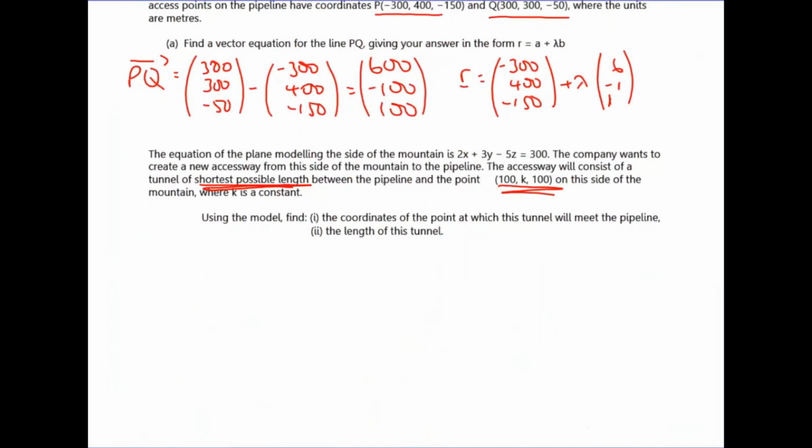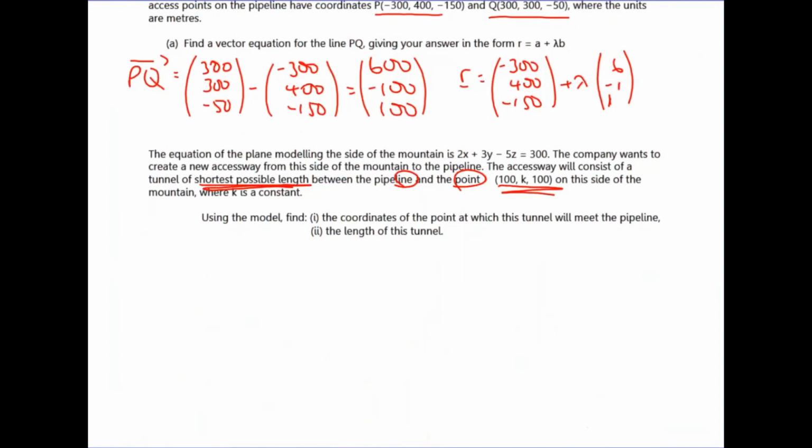And it wants us to find the coordinates of the point where this will meet the pipeline and the length of this tunnel. Okay. Ultimately, this one is a shortest distance between a line and a point. Okay, so it's got a plane in there as well, but it's not a shortest distance between a point and a plane. It's between the point and the line.